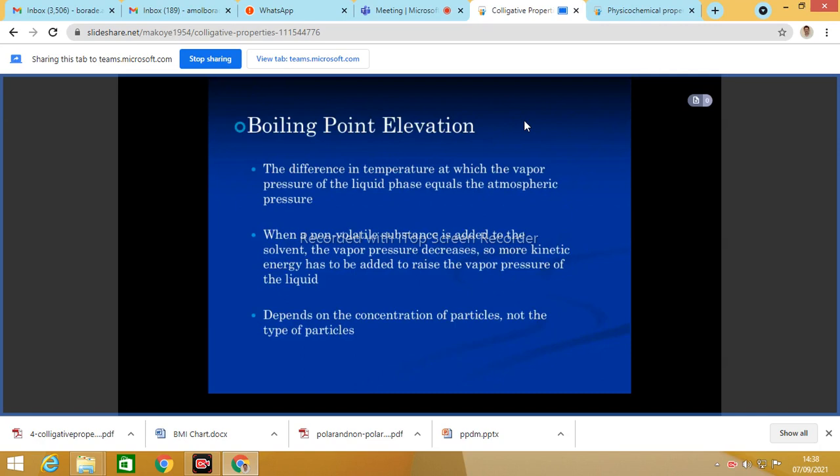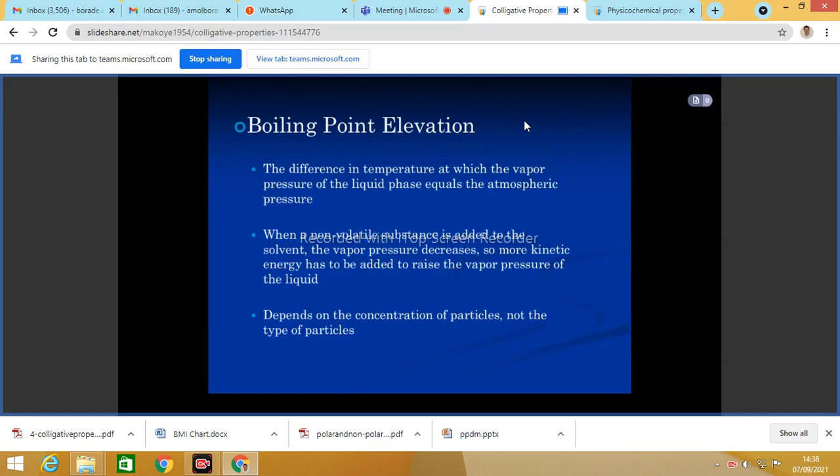Now you got the difference. The boiling point of the first beaker's water is 100 degrees Celsius, whereas the boiling point of the second water, obviously the solvent will only boil, is 101 degrees Celsius.